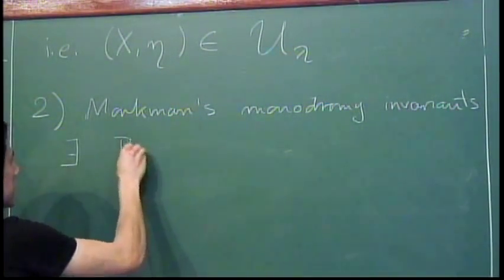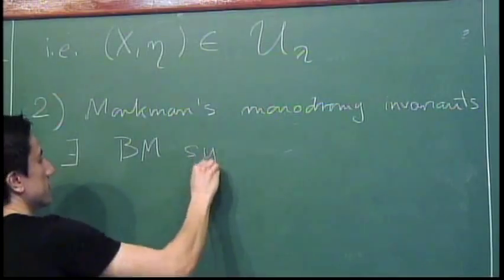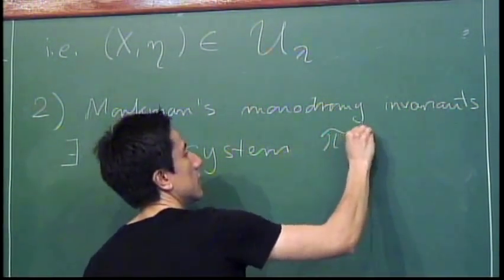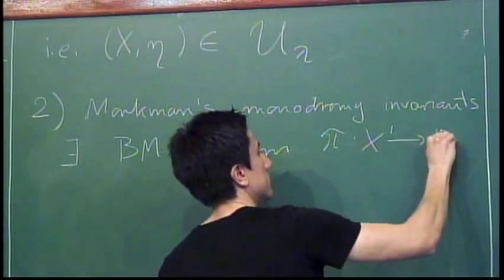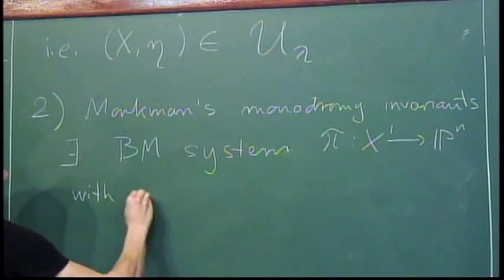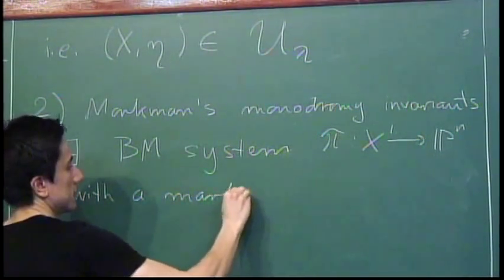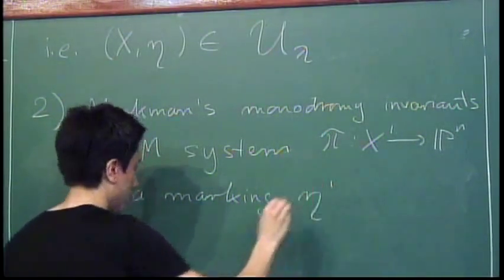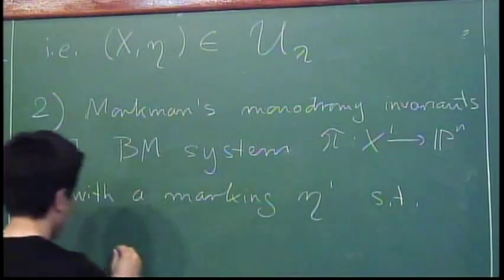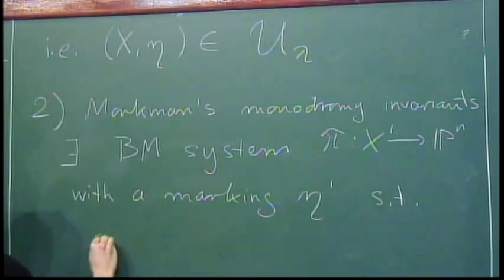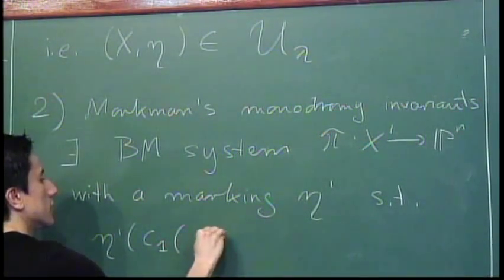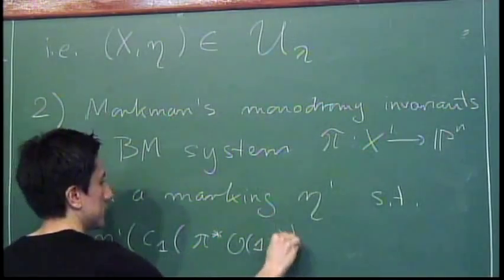So with that, you can figure out that there's a Mukai system, pi: X' to P^n, with the marking eta', such that the eta' also of the first Chern class of the pullback of the O(1) is given by lambda.